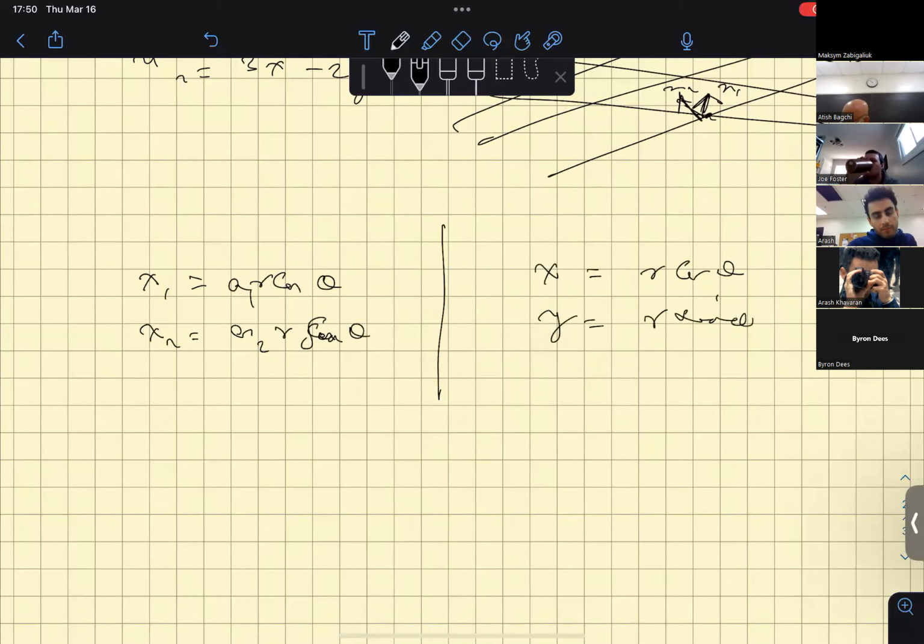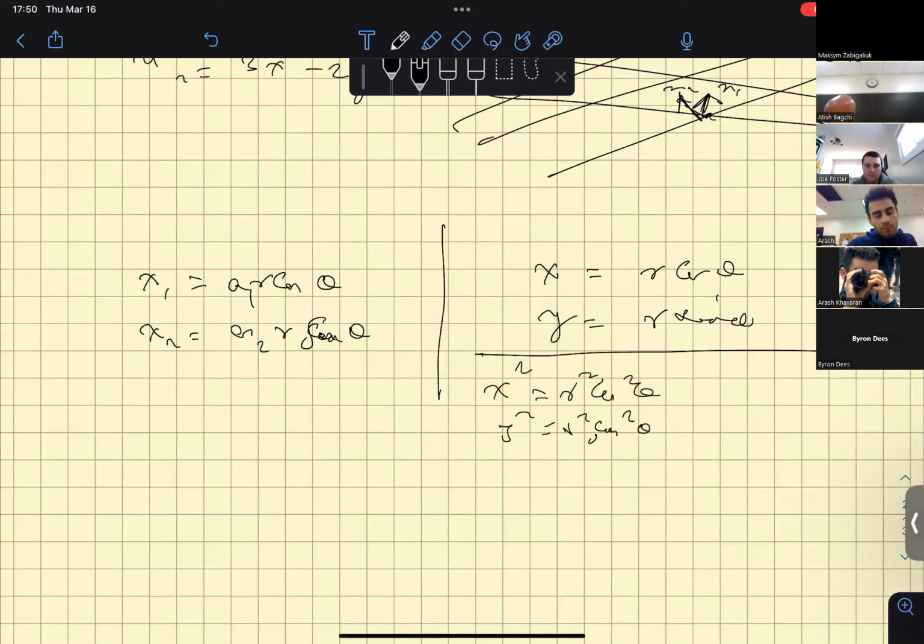So even though I'm using r and theta, these are not the same as these. How do you solve these? From this you get x squared equal to r squared cosine squared theta, y squared equal to r squared sine squared theta. You also get y over x equal to tangent of theta.